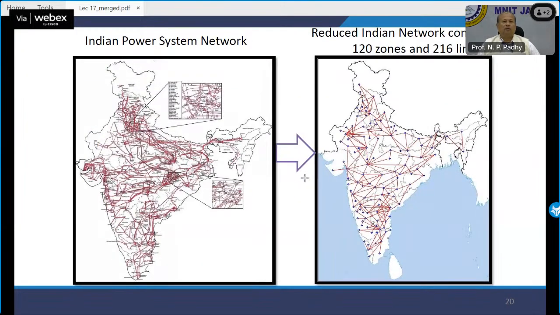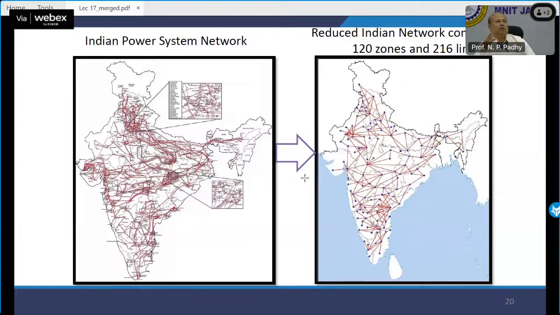So this is what we have done, the first PHIL. The reduced network was reduced into 120 zones. I cannot reduce the buses directly; I can make clusters. The whole of India can be divided into 120 zones with 216 lines only. So the network has been significantly reduced.